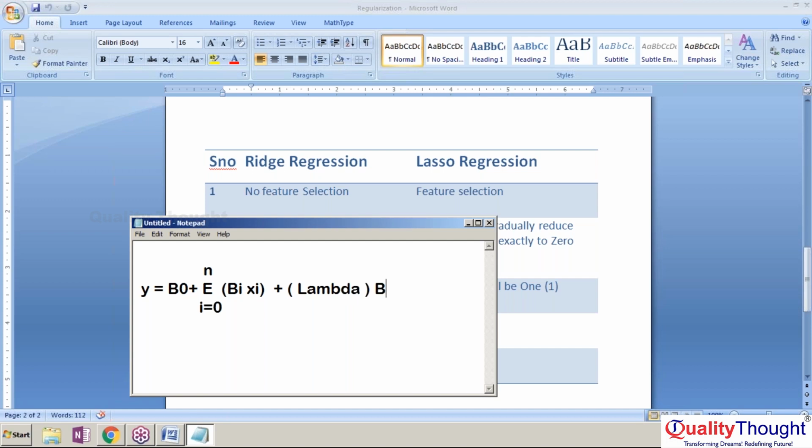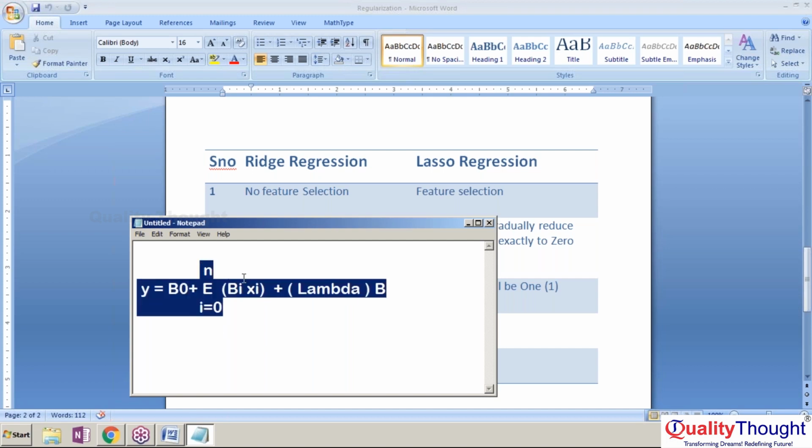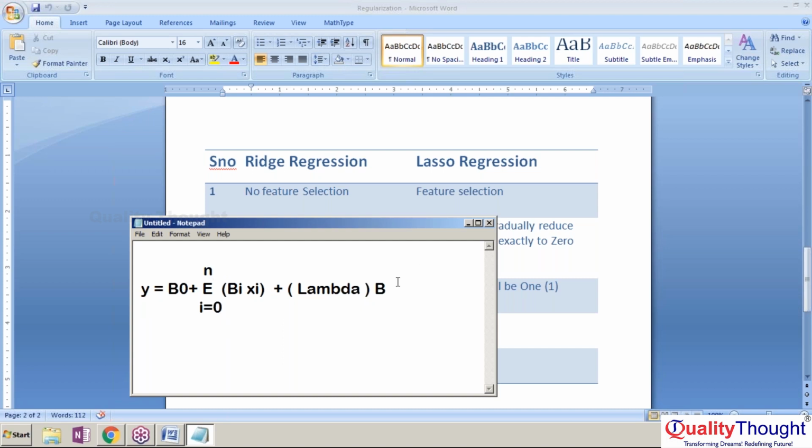You need to apply the same sigma here. So you are going to take bi square. B1, b2, you don't even know how many, so you need to apply the sigma over here again.